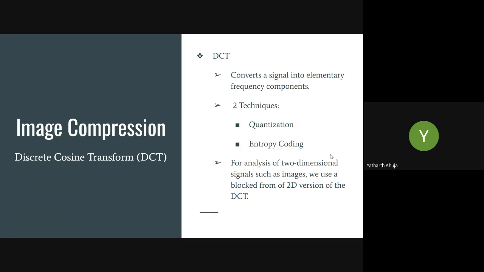First is quantization of the image's DCT coefficients, which is the process of reducing the number of possible values of a quantity, thereby reducing the number of bits needed to represent it. The second is entropy coding of the quantized coefficients, which is a technique for representing the quantized data as compactly as possible. For analysis of two-dimensional signals, such as images, we use a blocked form of the 2D version of DCT.